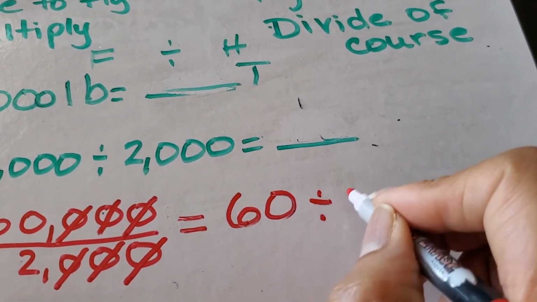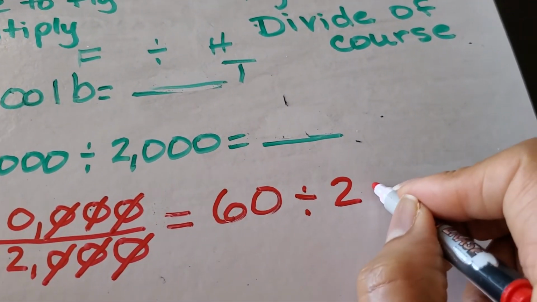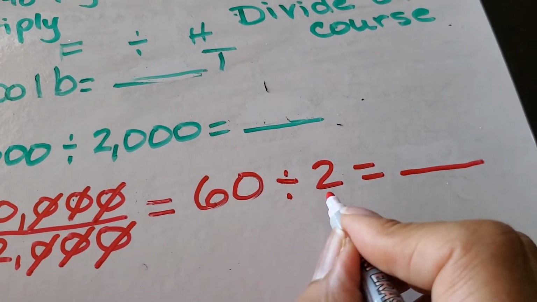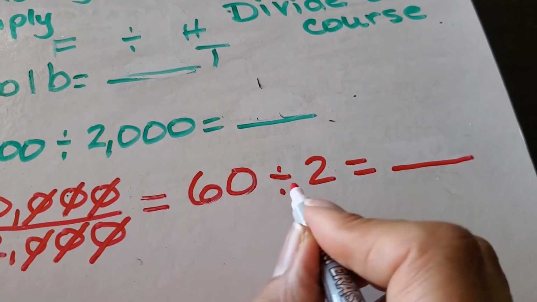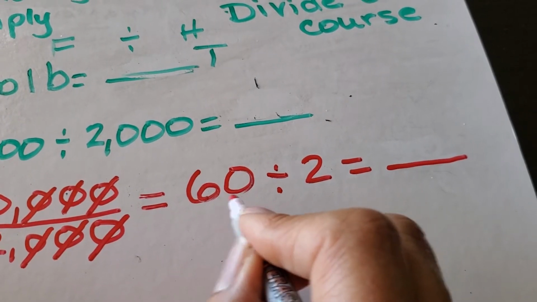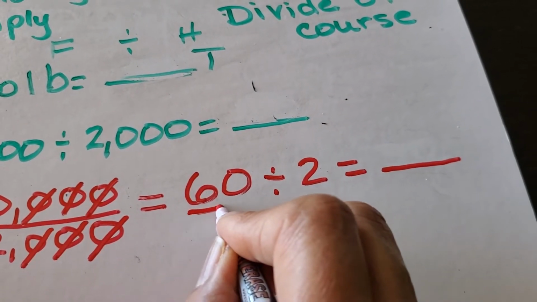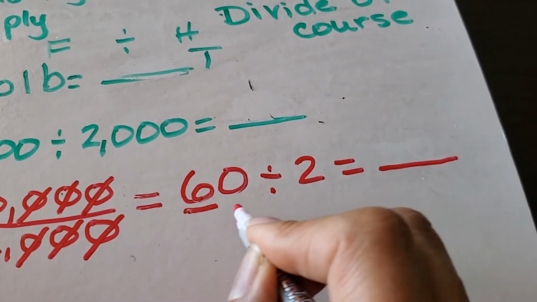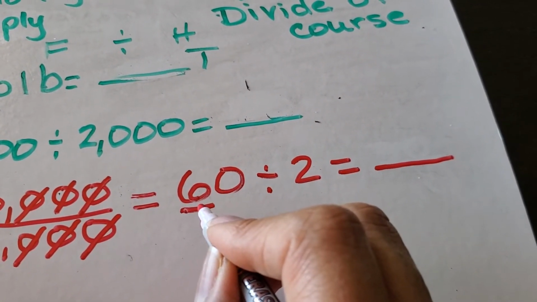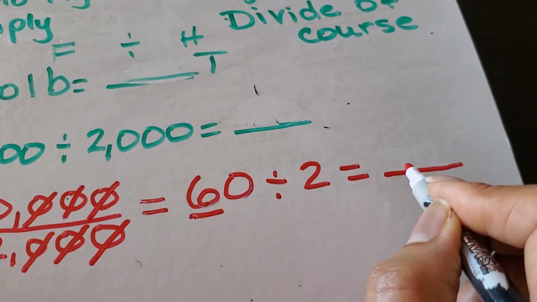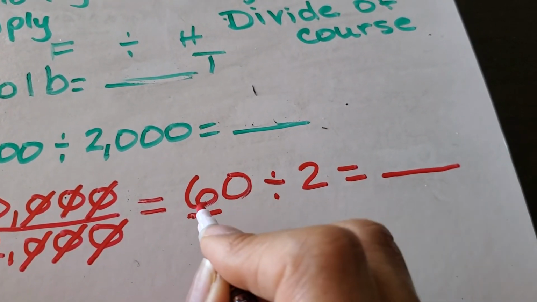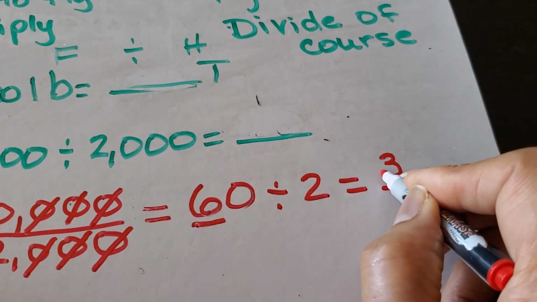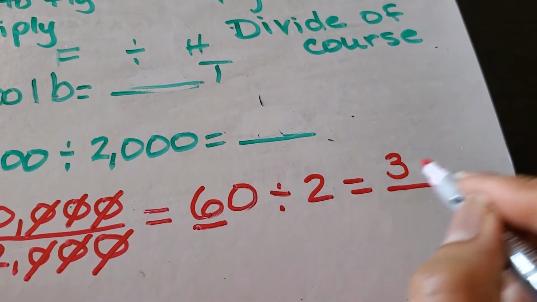divided by 2. I'm rewriting it this way because I'm going to use another trick we learned. Remember, 0 can be your very best friend. If you underline the 6 here, we notice that we're dividing, right? We know that 2 will divide into what? 6 evenly, correct? So we can just say, what number times 2 is going to give me 6? And it's going to be 3. And then I simply add the what?